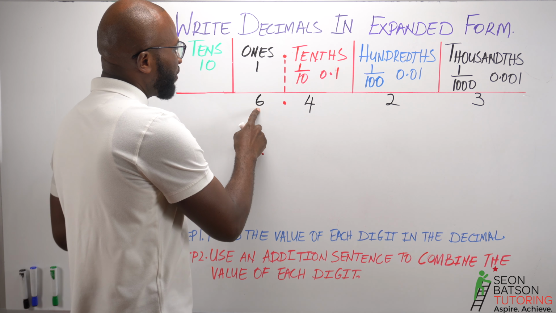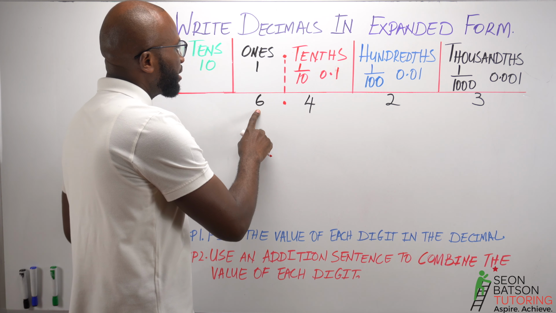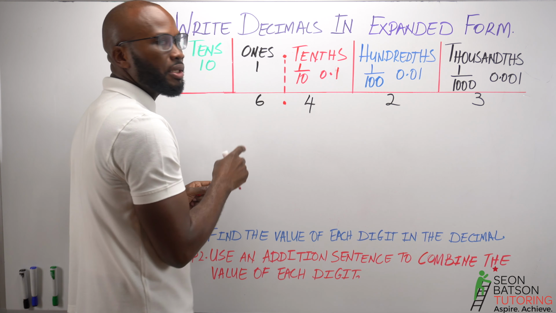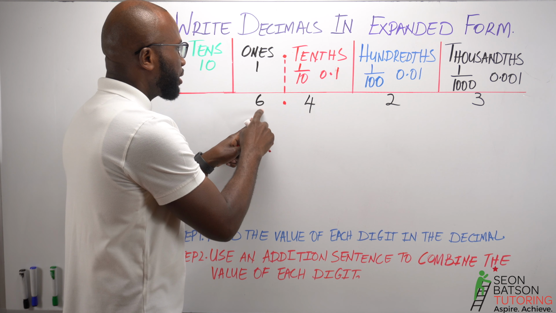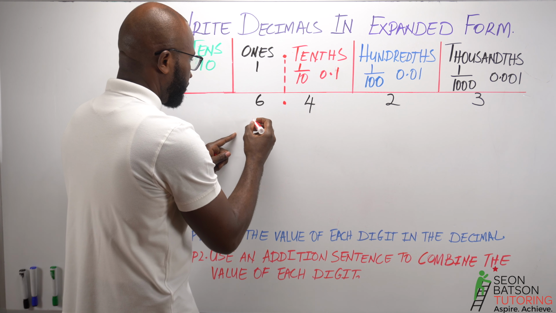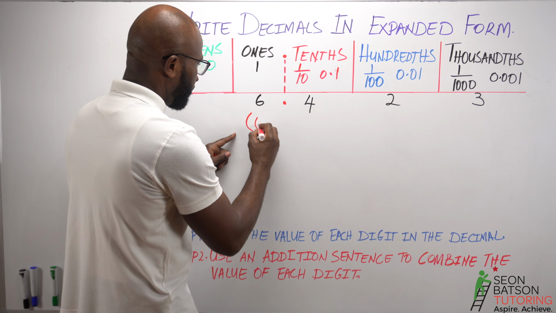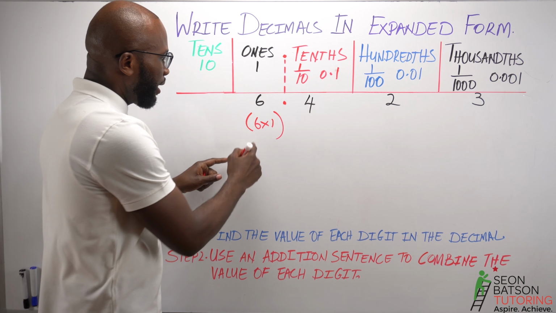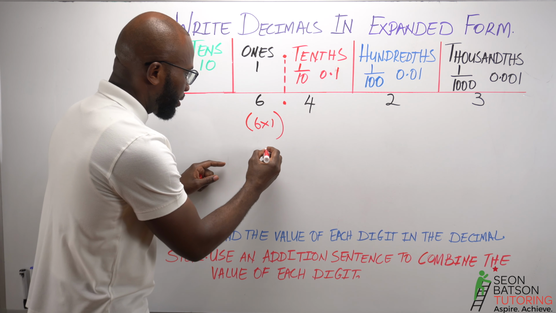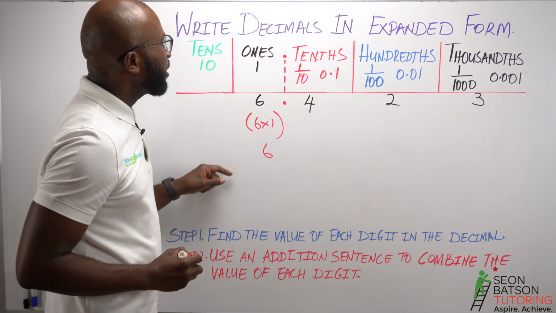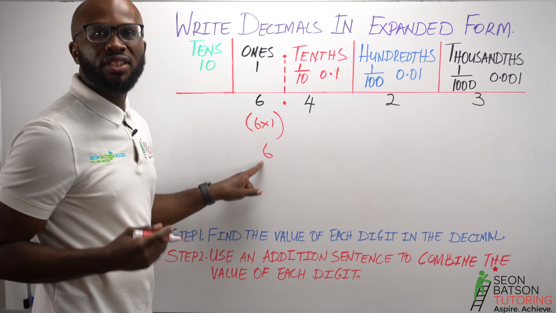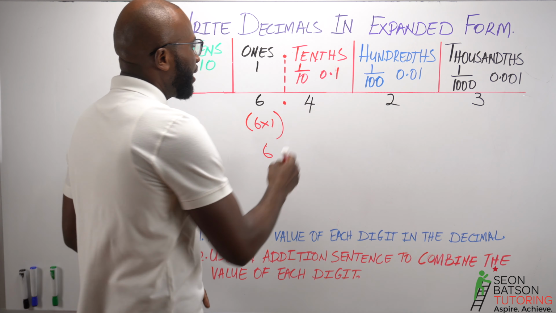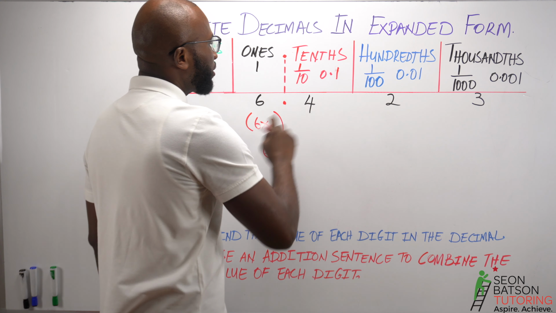To find the value of this 6, since the 6 is in the ones place, we multiply 6 by 1. And 6 times 1 is 6. So the value of the 6 is 6.